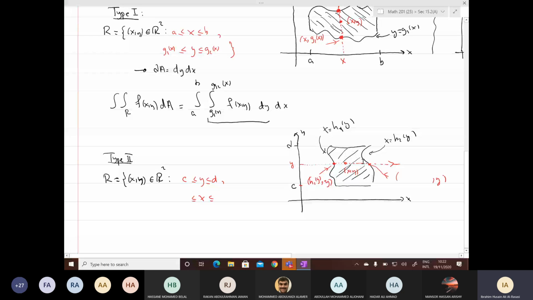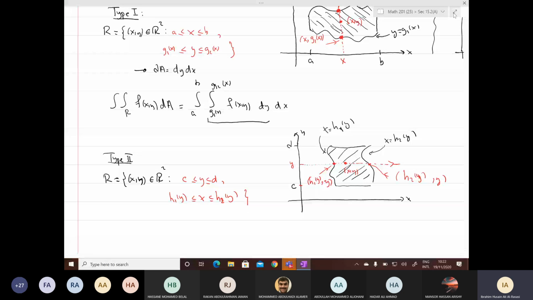You substitute in the right curve, and you get h2(y). So for the general point (x, y), the possible values of x go from the x coordinate of this point to the x coordinate of this point, from h1 to h2. That is, from the left curve to the right curve.